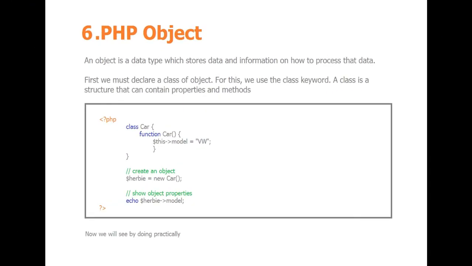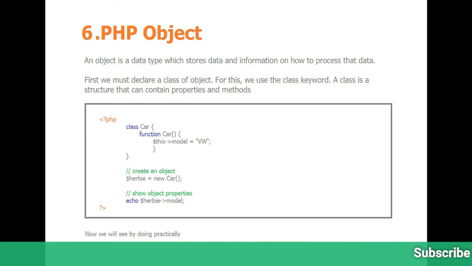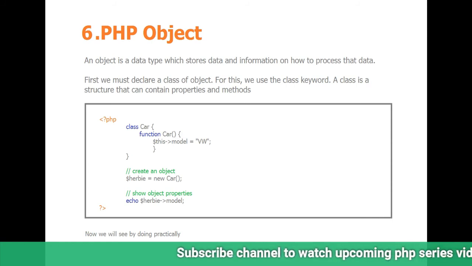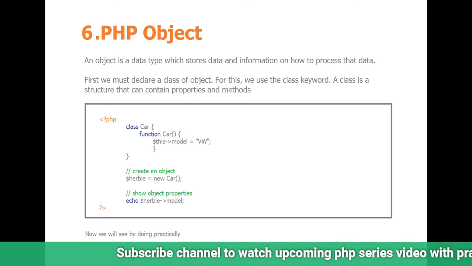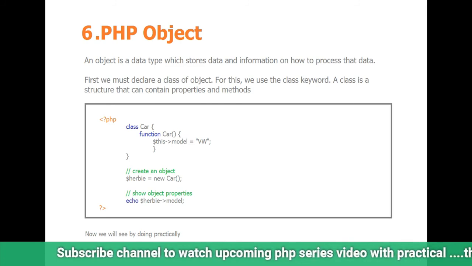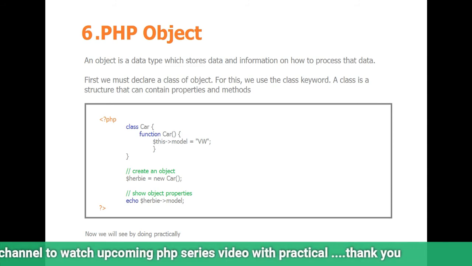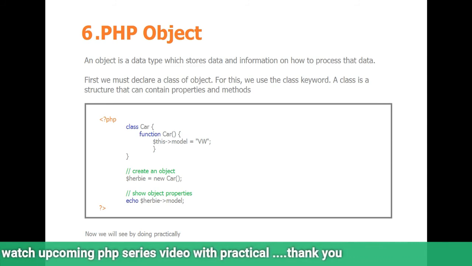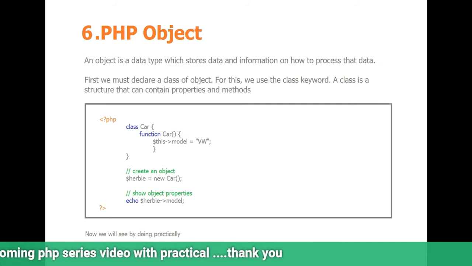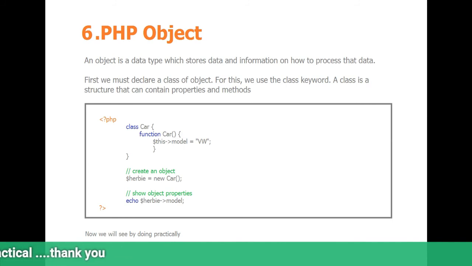Now PHP object. An object is a data type which stores data and information on how to use that data. We must declare a class for it. For this we have to use the class keyword, and a class is a structure that contains properties and methods. We can see it practically: we have declared a class named car.